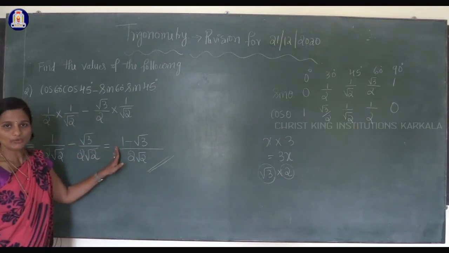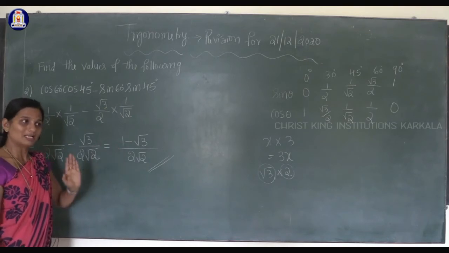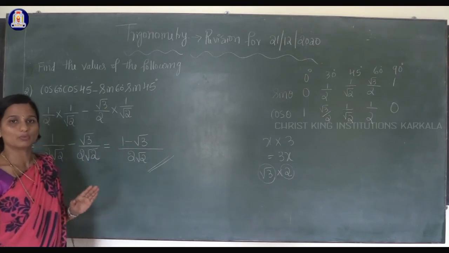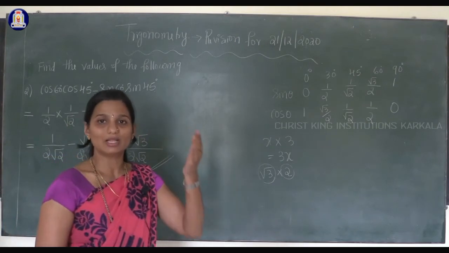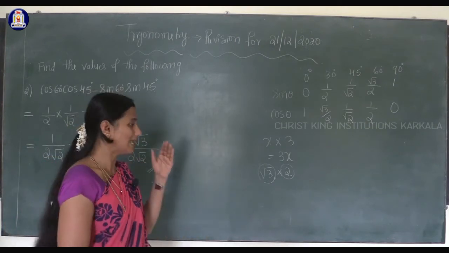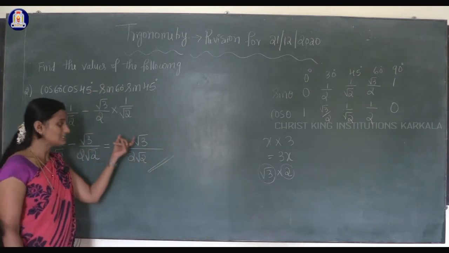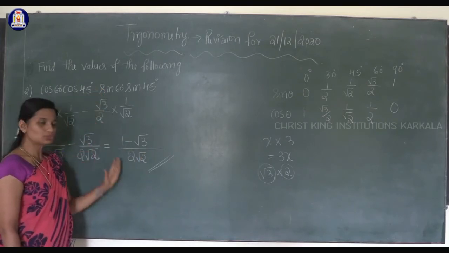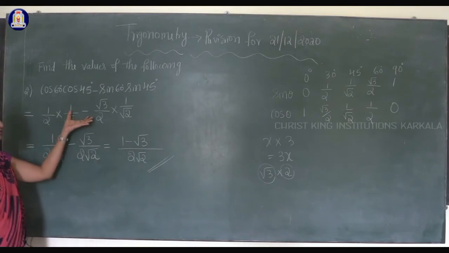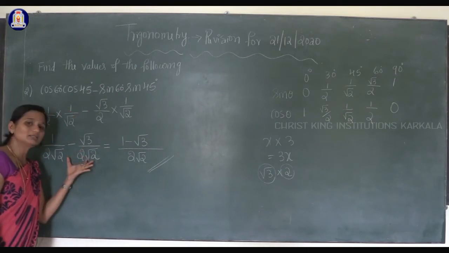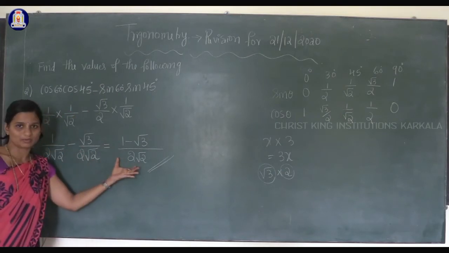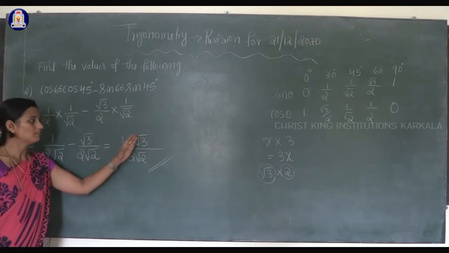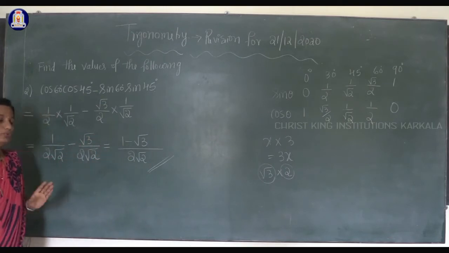Here there is no need of rationalizing this. But in the application of trigonometry, that is angle of elevation and angle of depression, you have to rationalize the final answer. Here it is not necessary. It carries 2 marks. Substitution carries 1 mark and this simplification carries 1 mark. Okay, so it is 1 minus root 3 divided by 2 root 2.